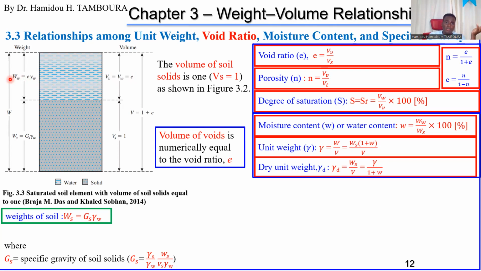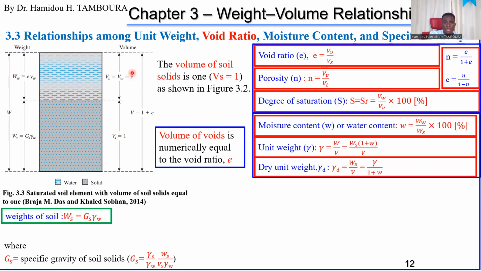Then you can get the weight by multiplying the unit weight by the volume. So we multiply the e, the volume of water, by the unit weight of water, you can get the weight of water. That is a very simple formula, okay? Unit weight equal weight divided by volume. So weight will be equal to unit weight multiplied by volume.